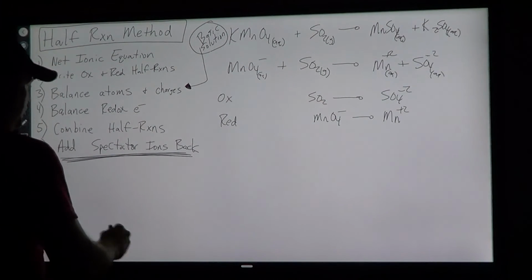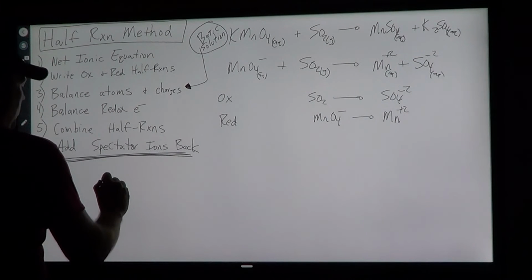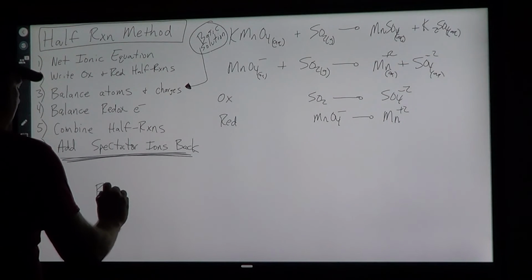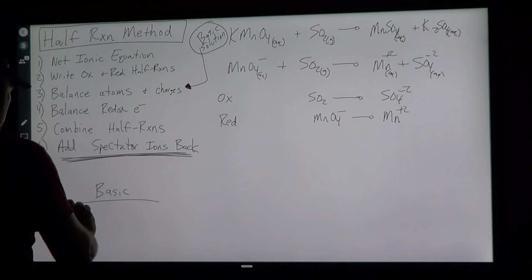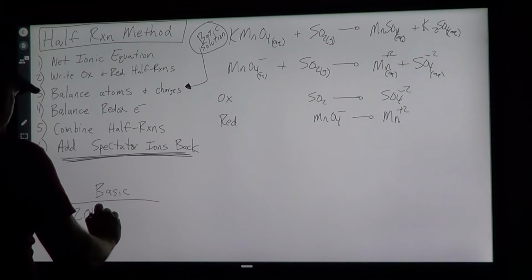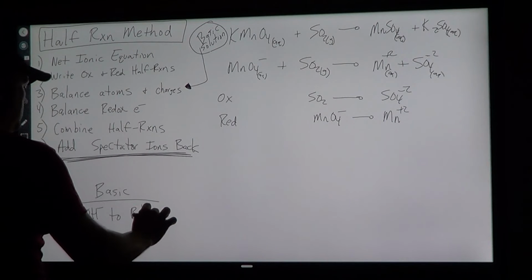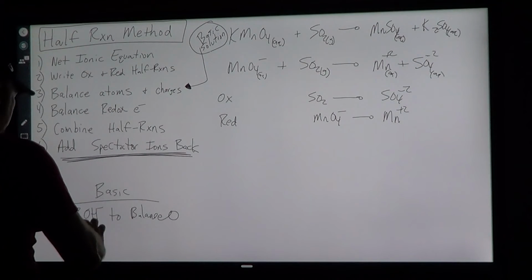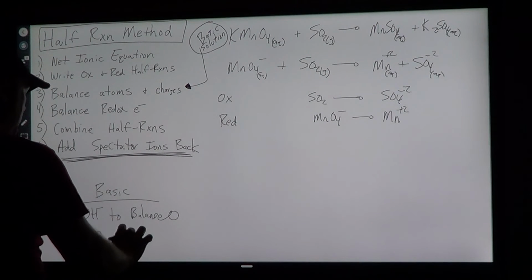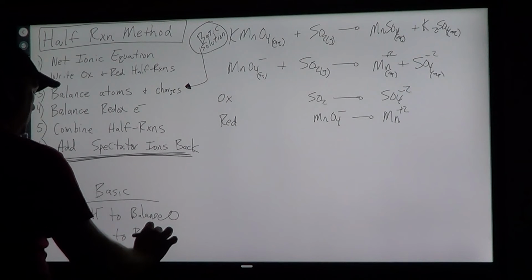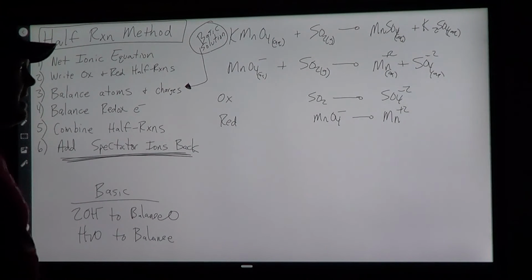If it's a basic solution, if you remember from before, we will always want to add twice the hydroxides to balance the oxygens, and then we can use waters to balance after that.